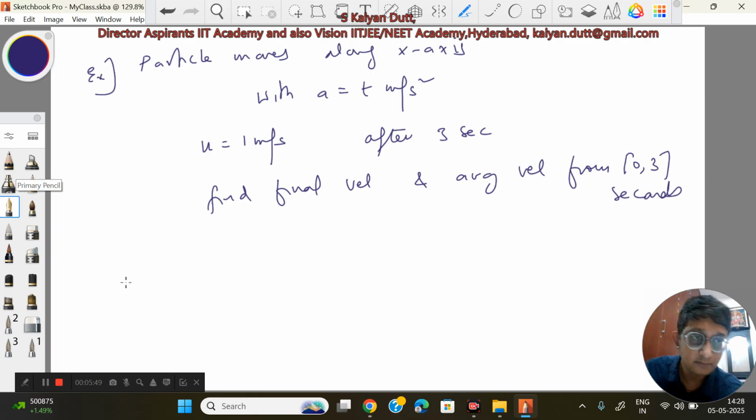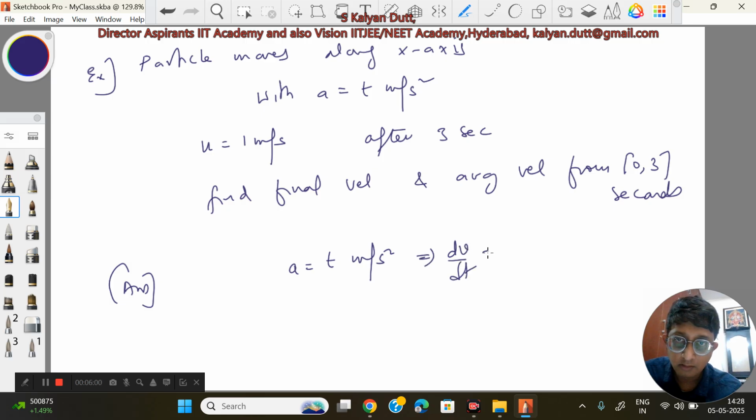Now this is not a constant acceleration, so we can't use v equal to u plus at. In fact, a equal to t meter per second square. We have to write a as dv by dt is equal to t, and when we integrate it, dv is t dt, and you integrate from 0 to t seconds and initial velocity to final velocity.